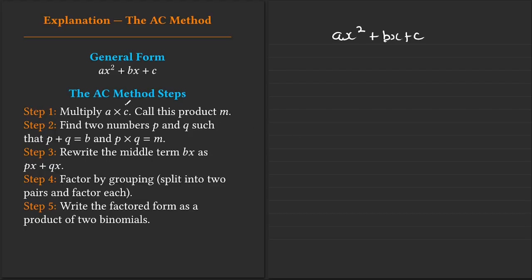So the first thing you do is to multiply your a by c. So whatever value you have here as a, multiply it by c. And if we multiply a by c, let's just call it m, the multiple we'll get. Now, you rewrite m in terms of factor pairs. So you look for factor pairs of m.